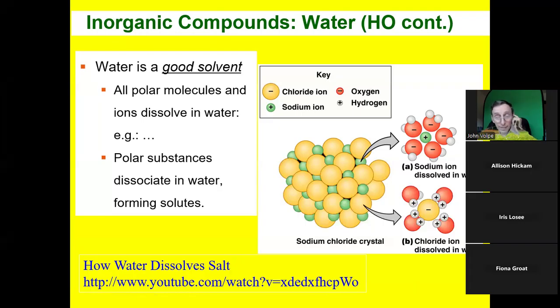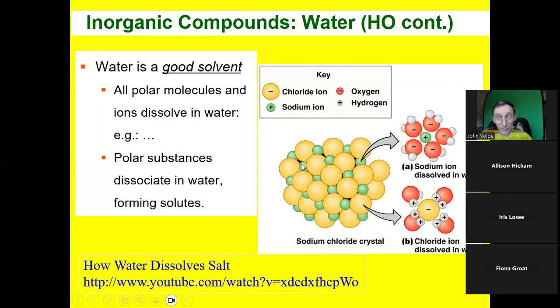That causes the electromagnetic attraction between the sodium and the chloride, and that's how we get a salt crystal. The +1 will be attracted to the -1, and you have all these ions coming together in a crystal formation.